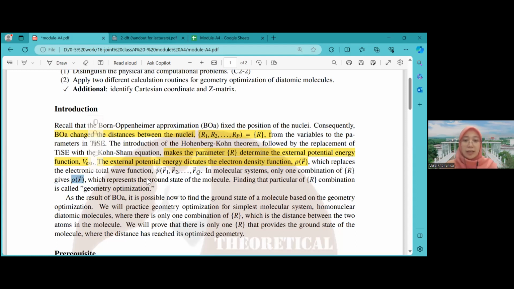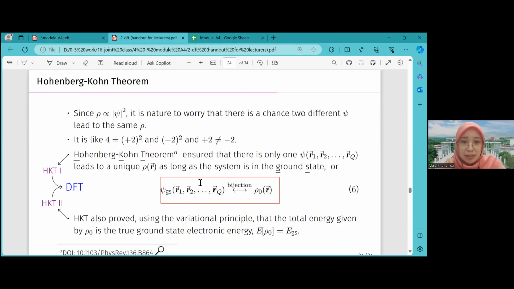So that's why today we will calculate the geometry optimization. This one was already explained by Mbak Rizka in the second meeting. Can you see the slide?